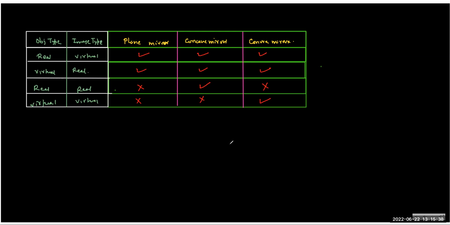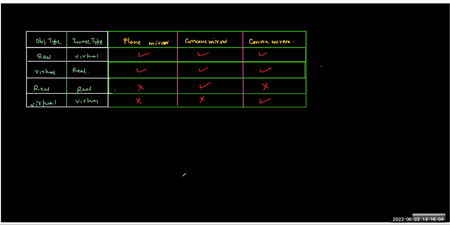I hope you got the basic idea of how images are formed and how one should approach the image diagram, like how you should draw the rays, how to draw the normal, and do the rest of the stuff. Okay. So in case of mirror, if a light ray is parallel, it will pass through focus. If the light passes through focus, it will become parallel.